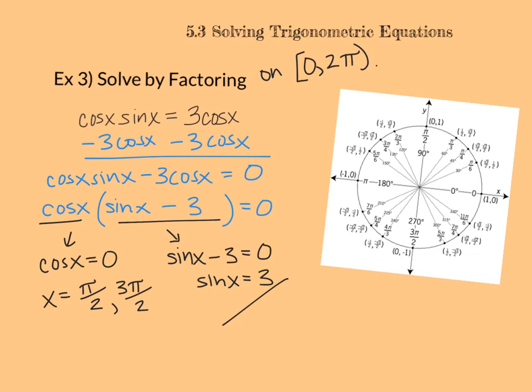I'm not going to put no solution there because we do have 2 solutions. They just weren't provided by this factor. So I'm just going to say, nope, not today. So our answers are pi over 2 and 3 pi over 2. Again, because we're only working on one rotation around the unit circle, our interval is only from 0 to 2 pi.